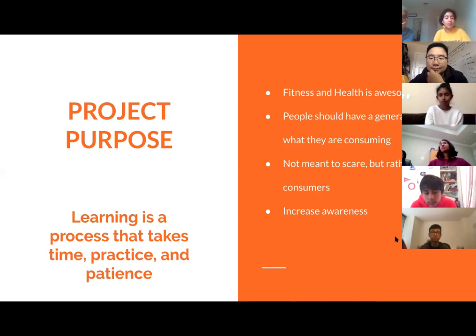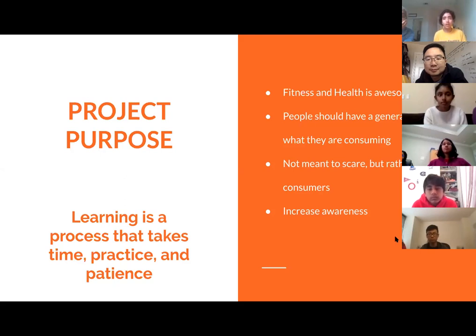So when we were coming up with ideas, I wanted to create something around health. So one of the biggest factors of health is diet. And processed foods are a huge part of our diet. And they often have really, really long ingredient lists. And we don't really know what that means. And people should have a general idea of what they're consuming.